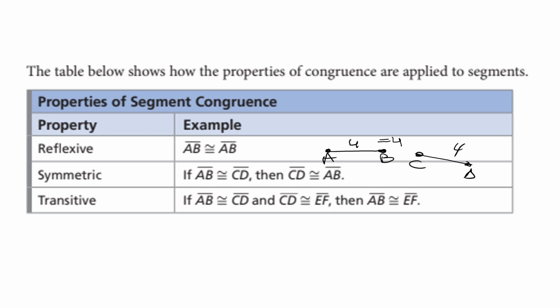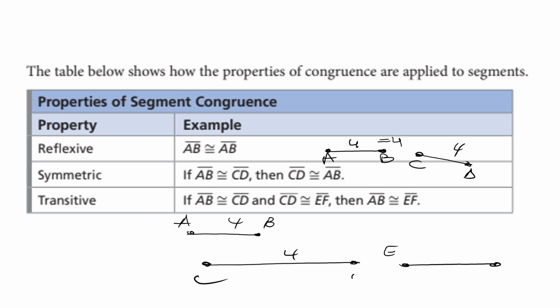Now the last one: if AB and CD are congruent, for example AB is 4 and CD is also 4, and CD has a relationship with EF, so AB is congruent to CD whereas CD is congruent to EF, then you can say that AB is congruent to EF.